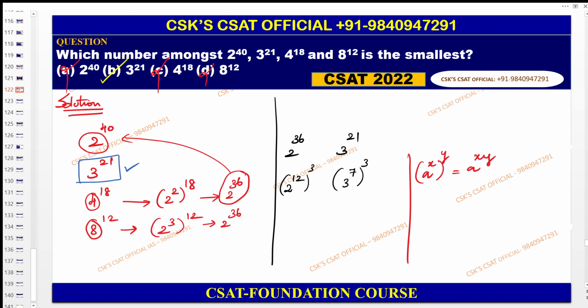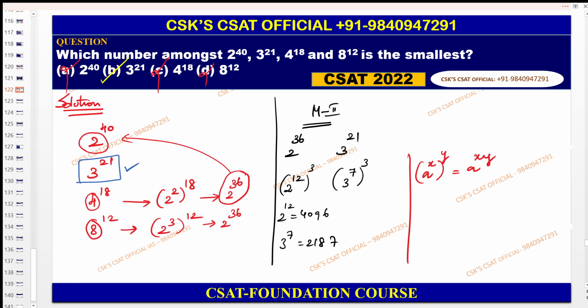You know 2 power 12 is nothing but 4096, right? 3 power 7 is nothing but 2187. So you can see that 2 power 12 is larger than 3 power 7, therefore their cube is automatically going to be larger.